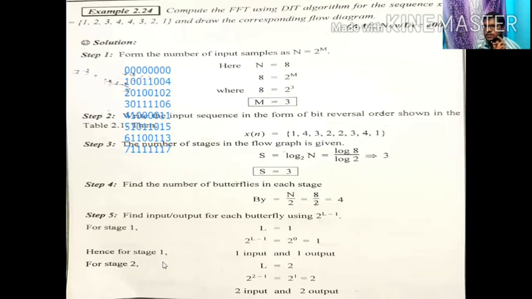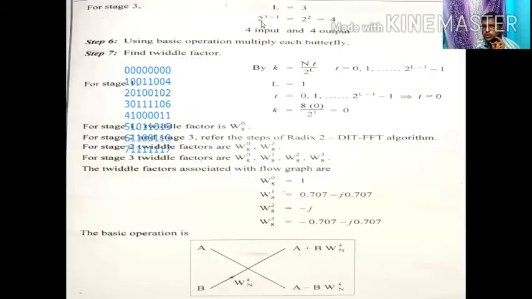Next, go to the second stage, where L equals 2. Substituting, 2 to the power of L minus 1 becomes 2 power 1, which is 2. So this stage requires 2 inputs and 2 outputs. Next, stage 3: 2 power 3 minus 1 is 2 power 2, which is 4.